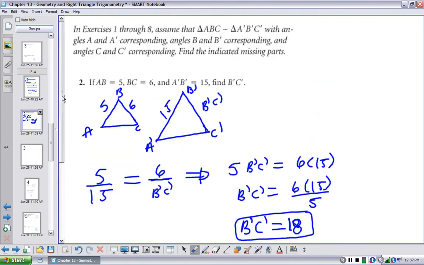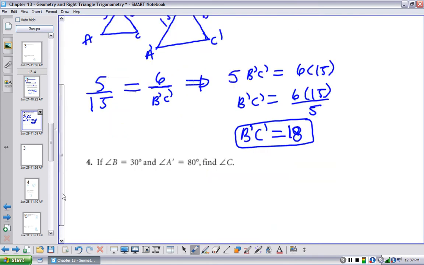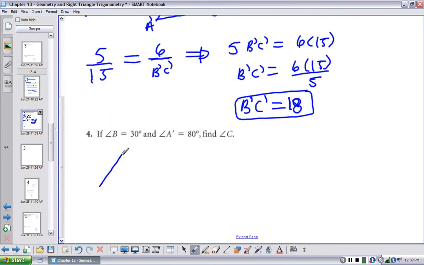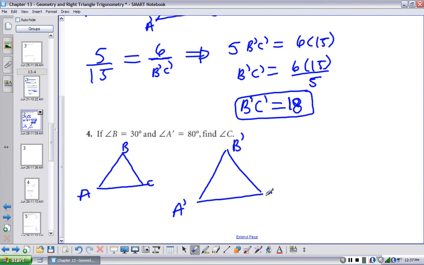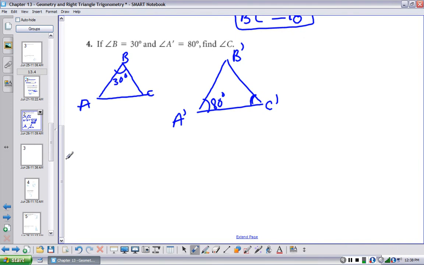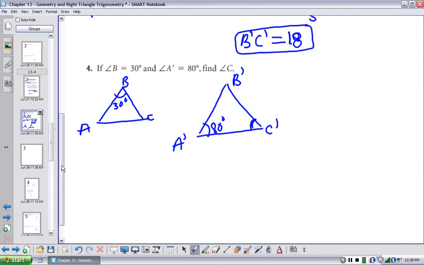All right, so again, the directions said that we have similar triangles here. And in this triangle, A, B, C, A prime, B prime, C prime, it says if angle B is 30 degrees and angle A prime is 80 degrees, then they want us to find C prime. Well, remember that we had 2 properties that we could prove if 2 triangles were similar.